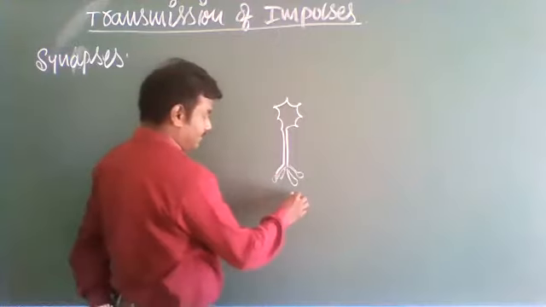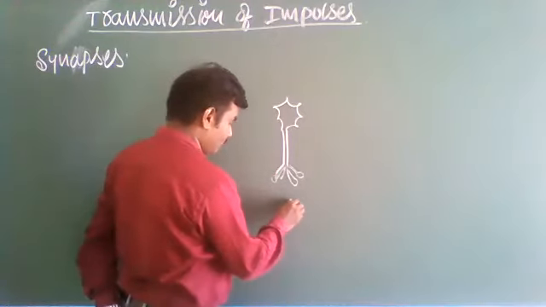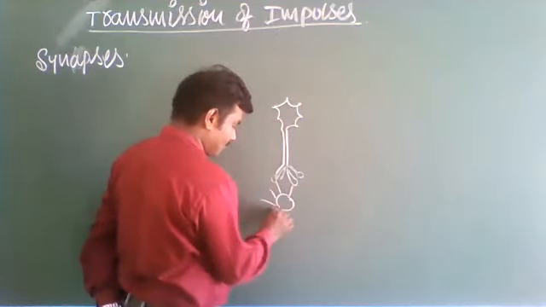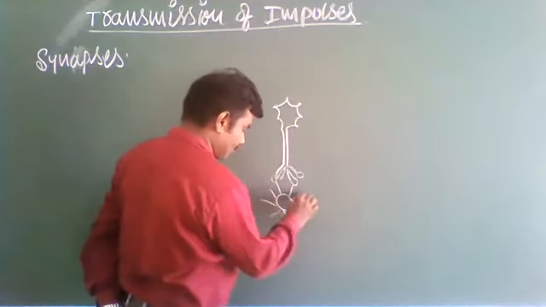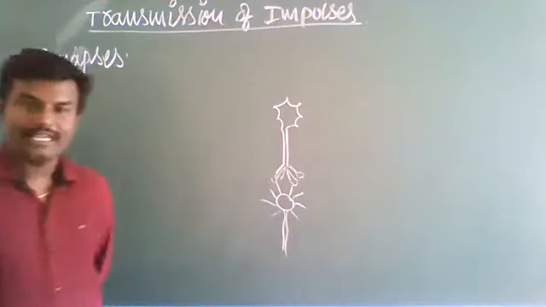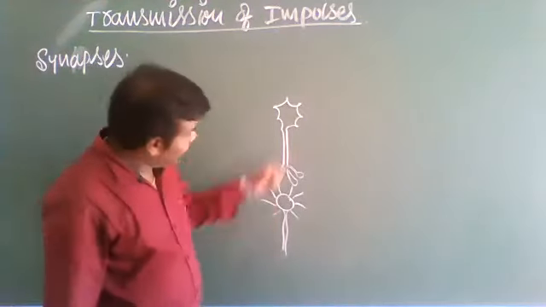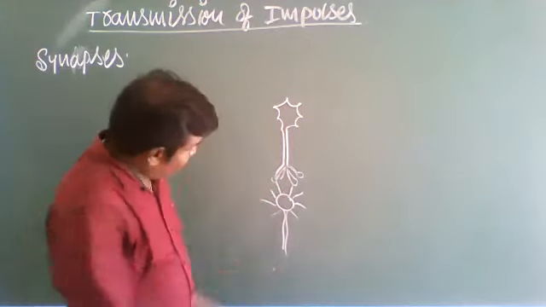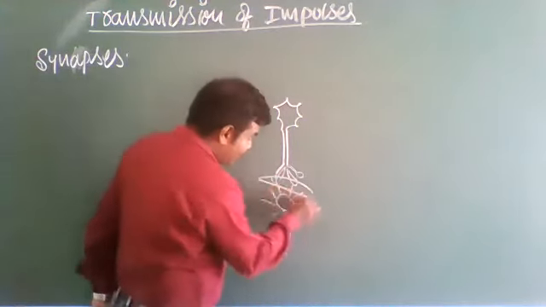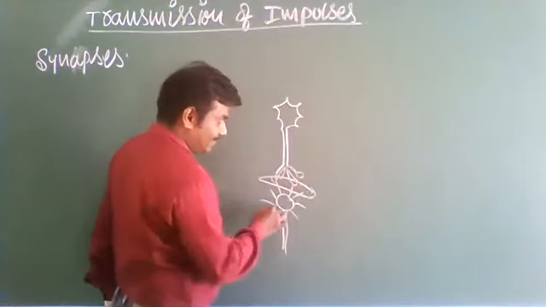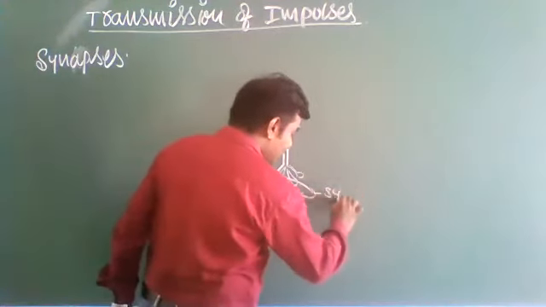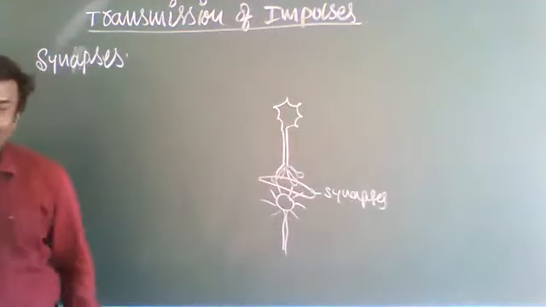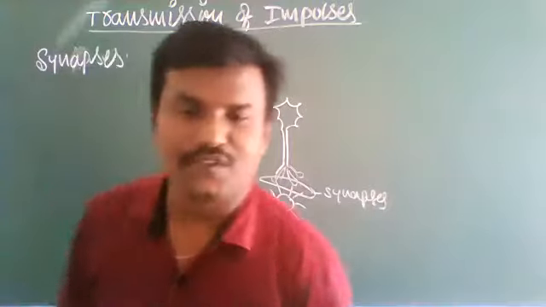These junctions are called synapses. This is the definition, one mark definition.